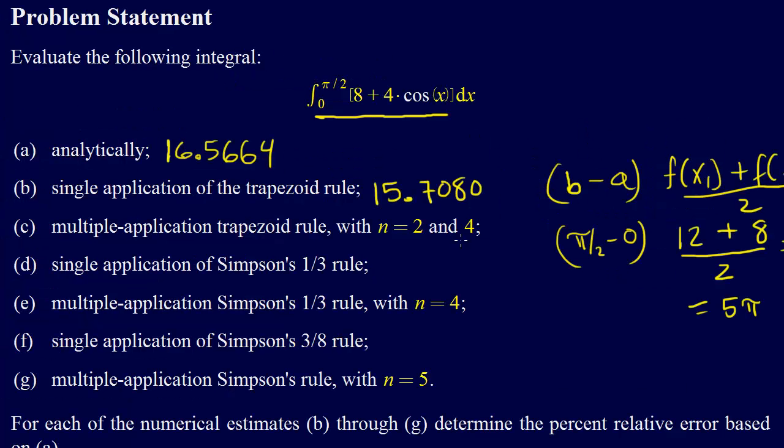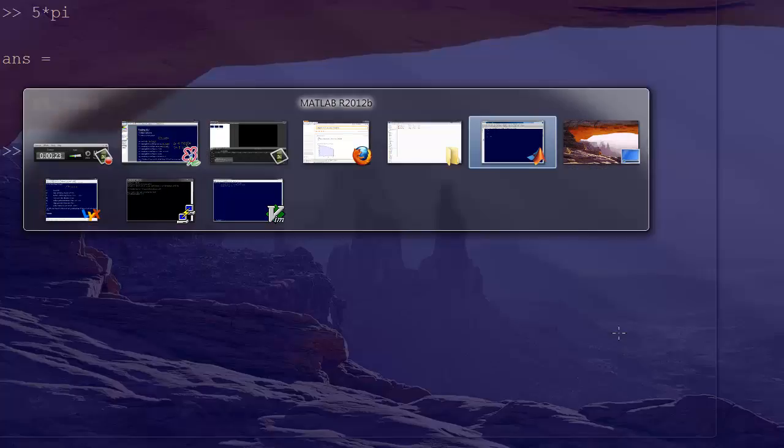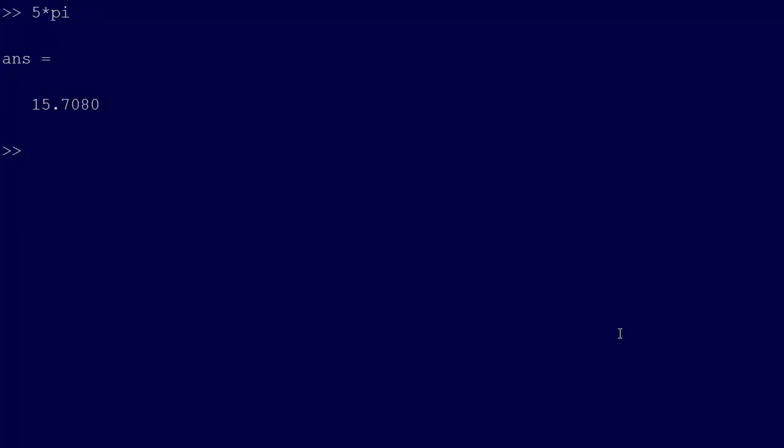For part C, we're doing the multiple application trapezoid rule with n equals 2 and 4. And n in this case refers to the number of segments, so we'll have 3 points and 5 points. We could just write out the formula in the same way as before, but we can also use MATLAB, which has a built-in function called trapz.